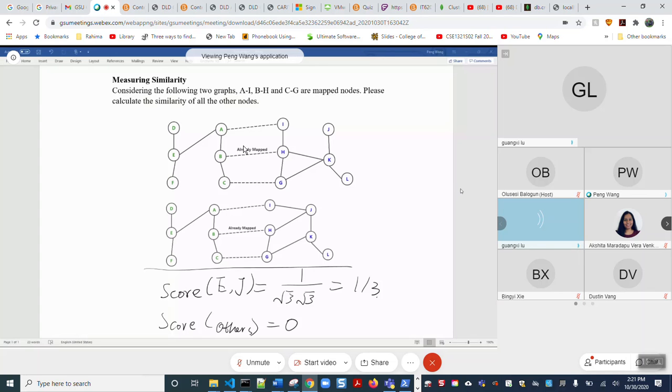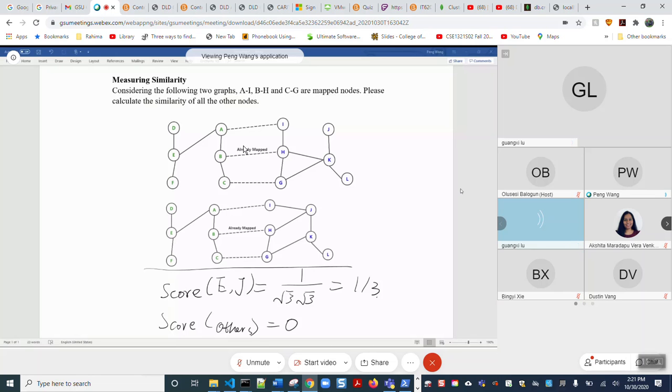That means we still have a score from D to K because D has a link to E and K has a link to J. That's my answer. So I think E can map with J. So I calculate the score from D to K and F to K. Is that correct, or does it have some problem?